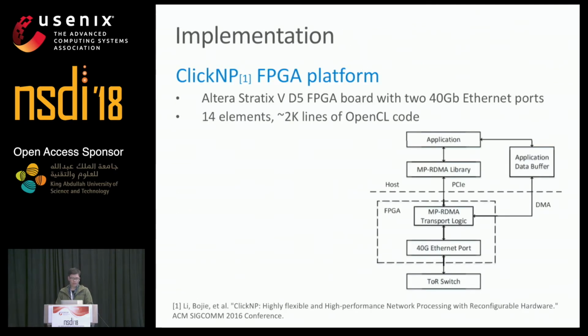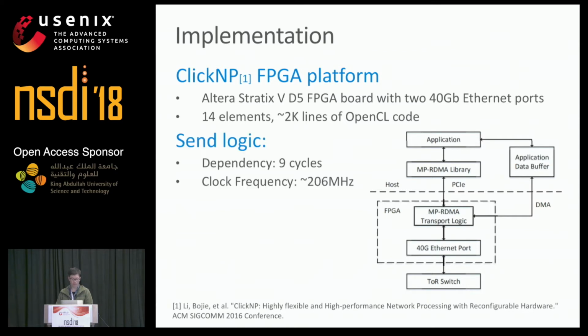We have implemented the multipath RDMA prototype on our ClickMP FPGA platform. We use an Altera Stratix V D5 FPGA board with two 40 gigabit Ethernet ports. In total, we wrote 14 ClickMP elements and 2K lines of OpenCL code.